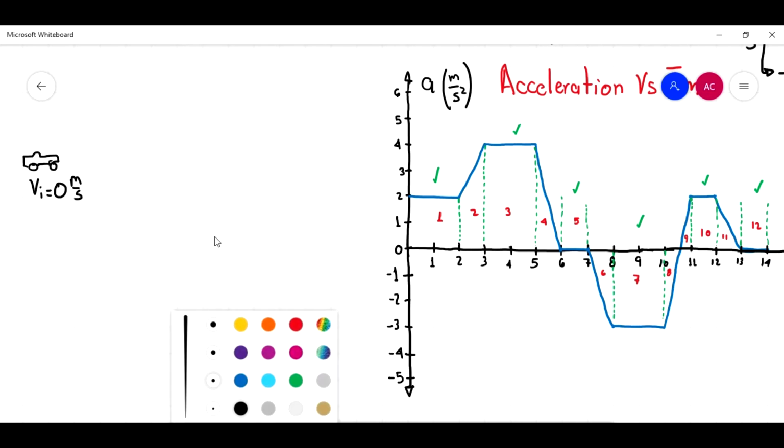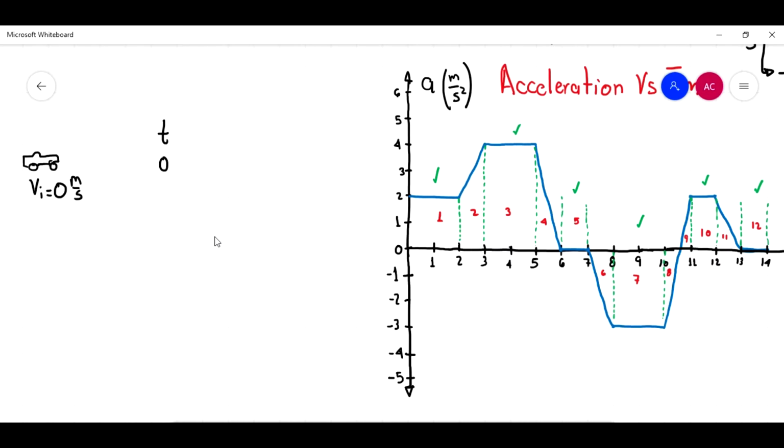I'm going to make a table. This table is going to be time: 0, 1, 2, 3, 4, 5, 6, 7, 8, 9, in seconds.